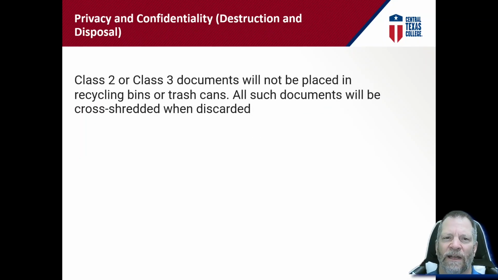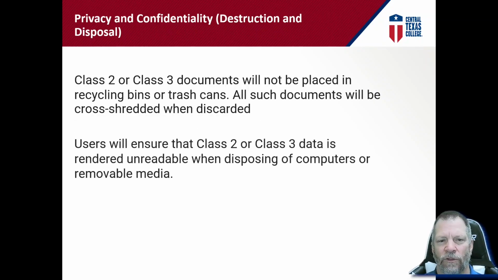Class 2 or Class 3 documents will not be placed in recycle bins or trash cans. All such documents will be cross-shredded when discarded. Users will ensure Class 2 or Class 3 data is rendered unreadable when disposing of computers or removable media.